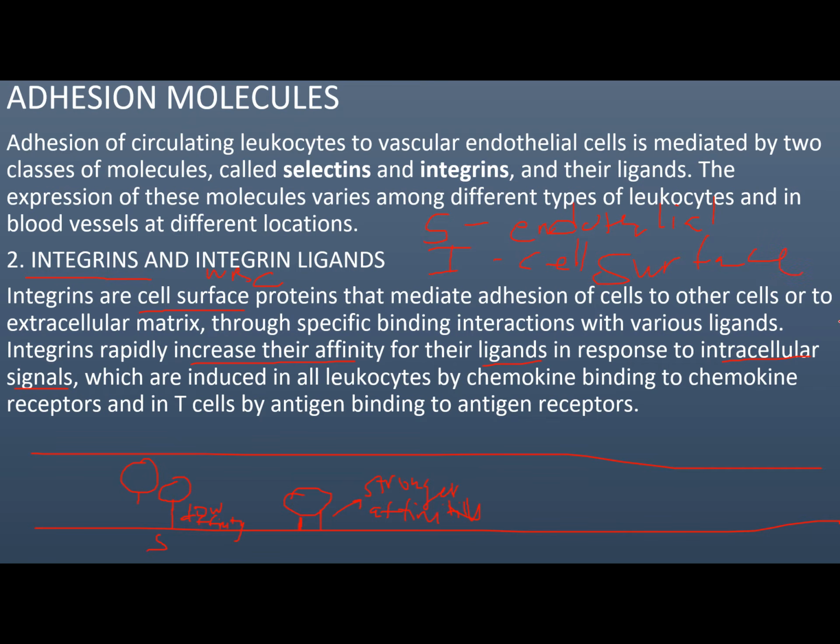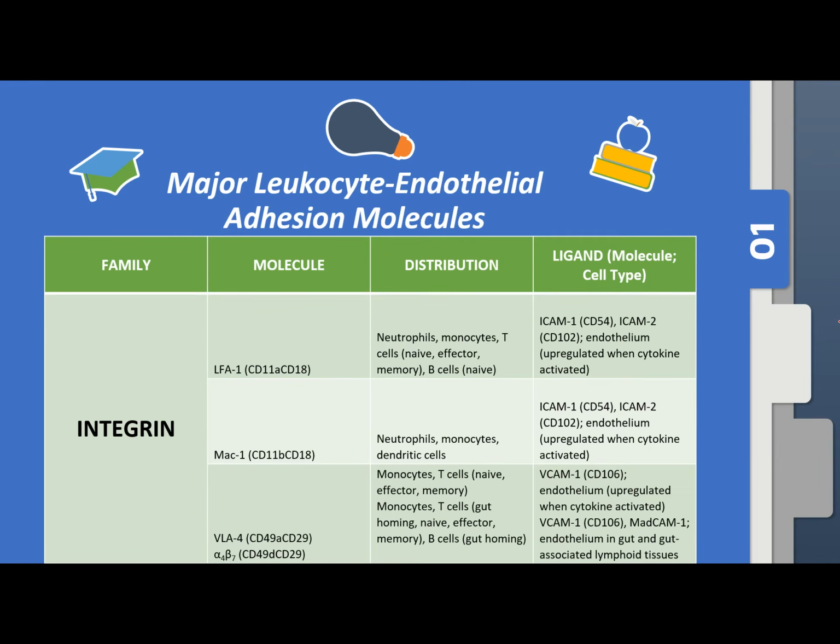So please take note of that. So these are the integrins, class. We have your LFA-1, CD11a, CD18. They are found in neutrophils, monocytes, T cells, and B cells. And they would target ICAM-1, CD54, ICAM-2, found in the endothelium.